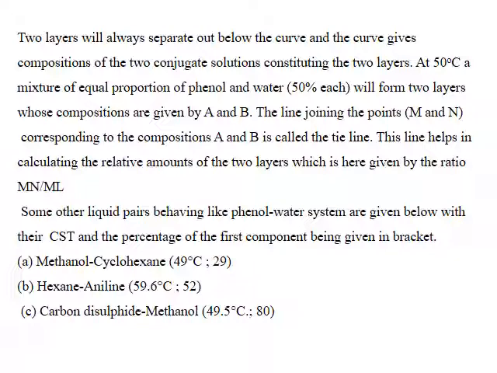This line helps in calculating the relative amounts of the two layers, which is given by the ratio MN by ML. In the same way, there are a few more examples like methanol and cyclohexane.